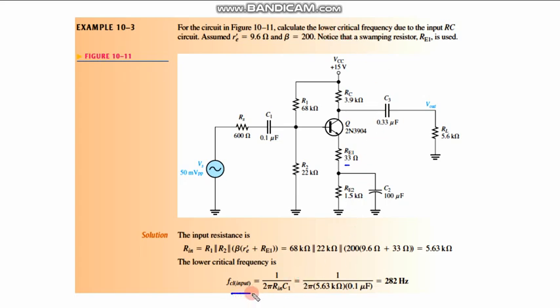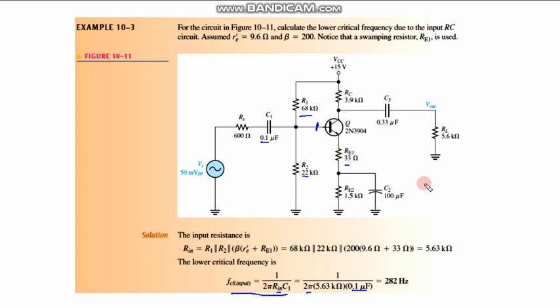So you write the relation over here. Where is C1? C1 is given, so you put C1. 2 pi is constant. What is Rin? Remember, Rin would be the parallel combination of R1, R2 and Rin base. And what is Rin base of this transistor?